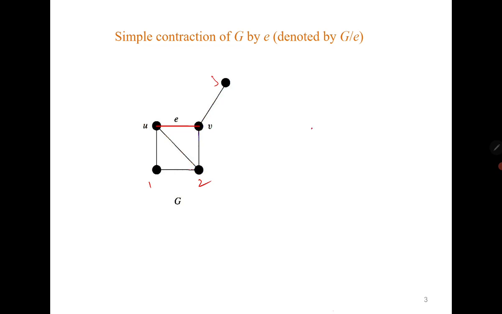So if you contract UV, let's replace it by W. So 1 is adjacent to W, 2 is adjacent to W, but 2 is also adjacent to V and V is adjacent to 3. So if you do not consider the multiple edges, if you keep the graph simple, so 1, 2, W and 3, then we call it a simple contraction.